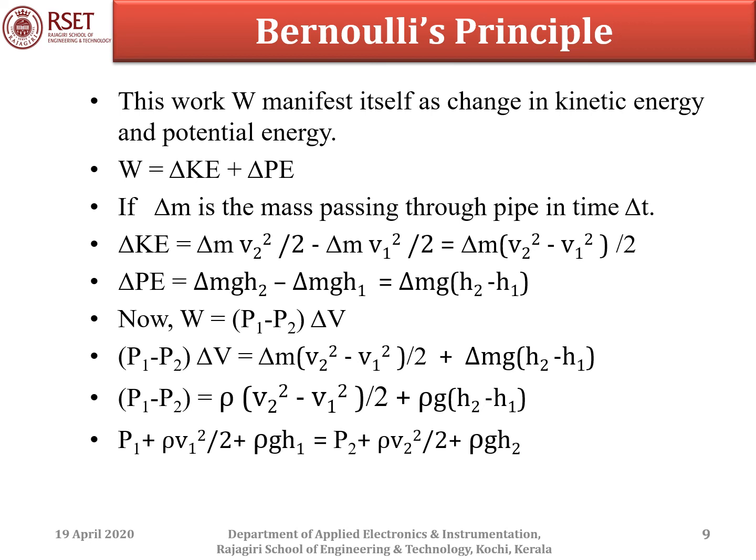Now rho g h1 is the term which denotes potential energy. So the essence is that at the 2 points, the sum of pressure energy, kinetic energy and potential energy will remain the same. Thus we have P plus rho v square by 2 plus rho g h is a constant.